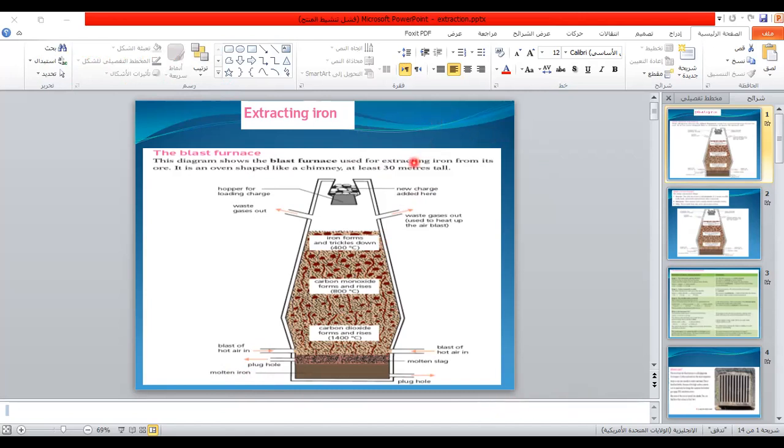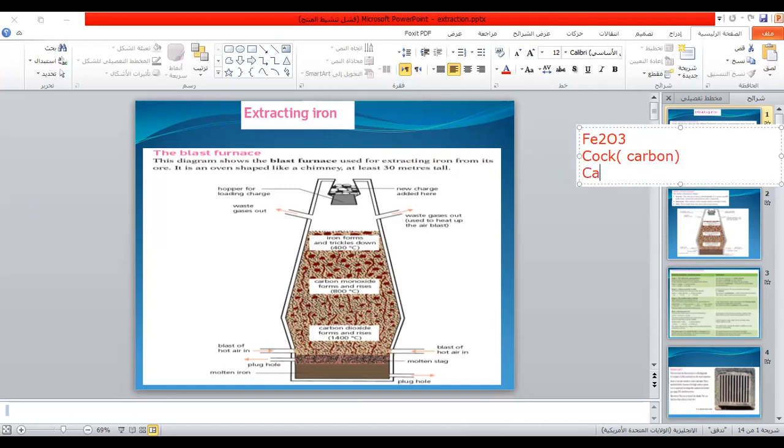And I will add from the top of the blast furnace three components together: Fe2O3, and coke. What is coke? Coke is carbon. And I will add calcium carbonate.